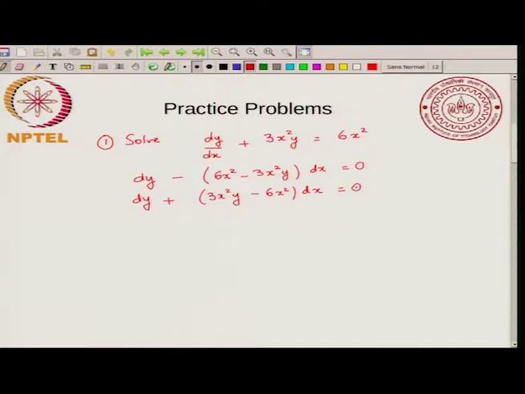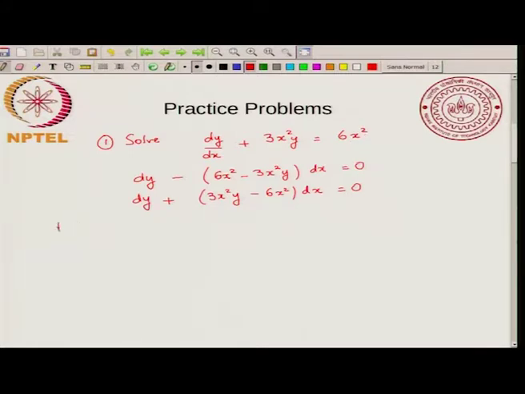I deliberately wrote it in this way, we will see why. But let me mention right at the beginning that there might be other ways to solve this equation also. For example, you could just see this because you have an x square here and an x square here.